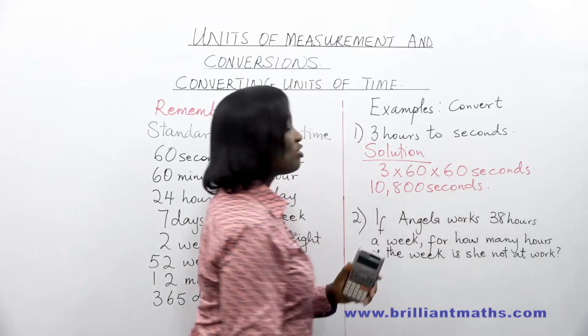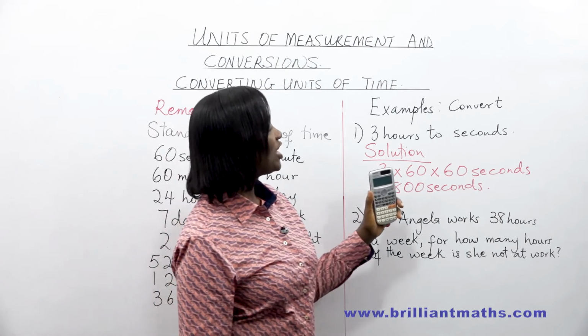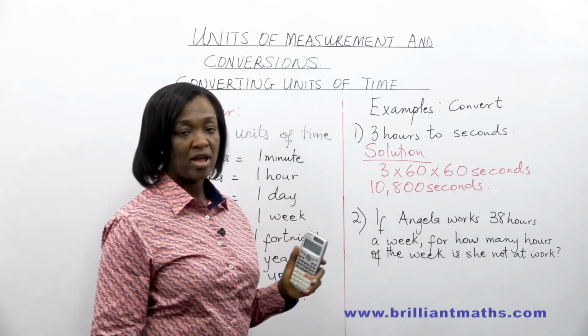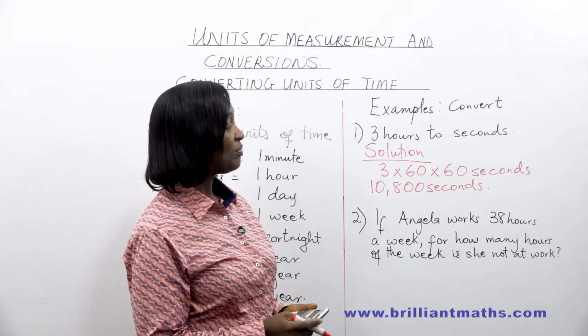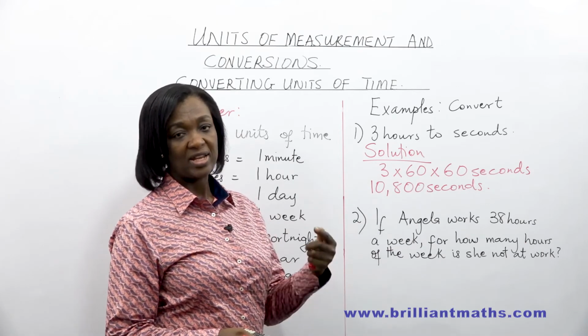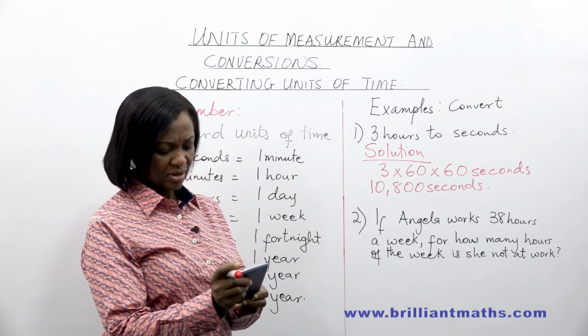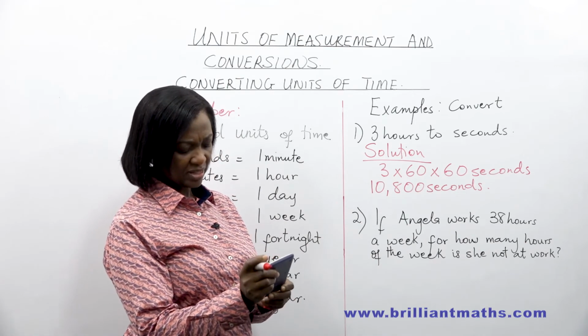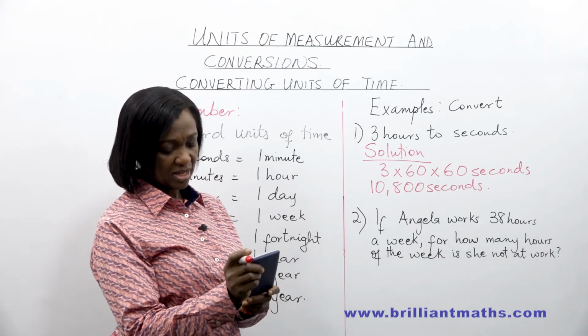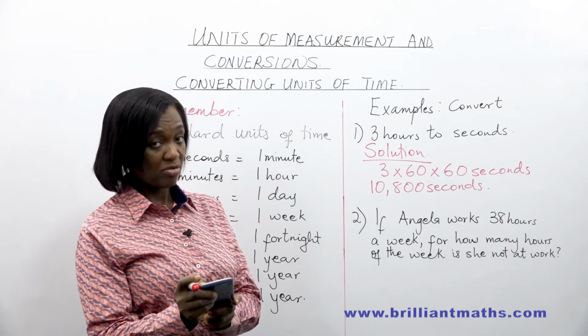seconds in 3 hours. Assuming we were finding the number of seconds in 1 hour, it would just be 60 times 60, 1 hour to minutes, and then that to seconds. And 60 times 60 is equal to 3,600.